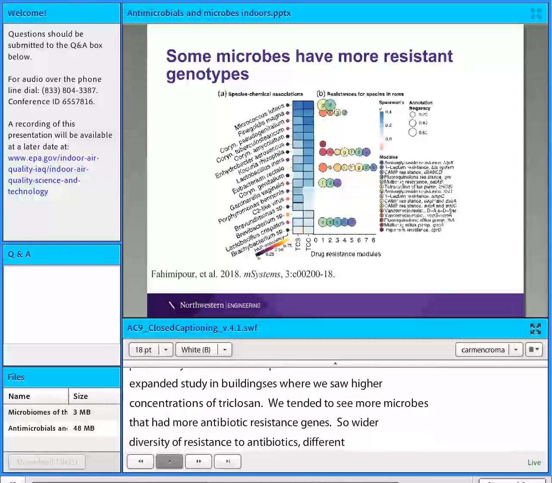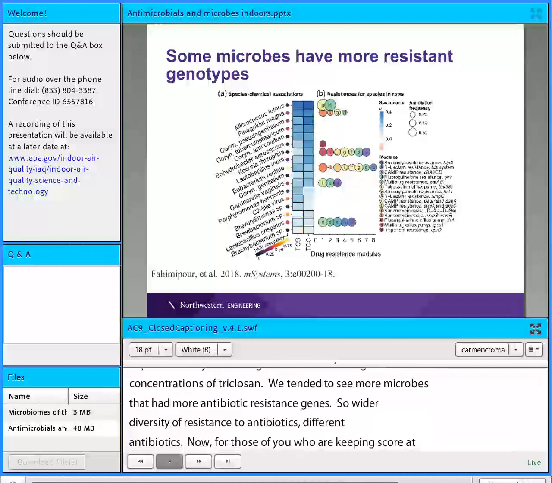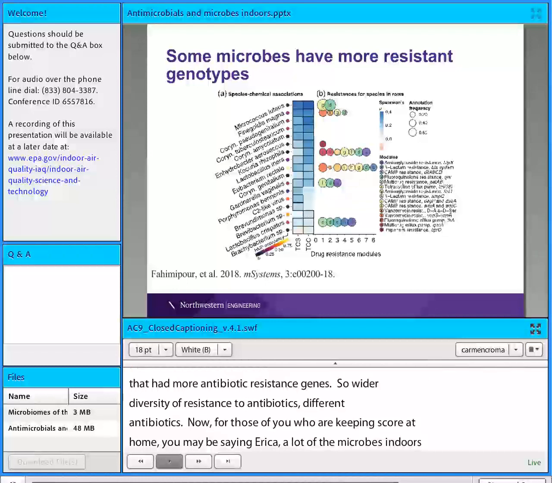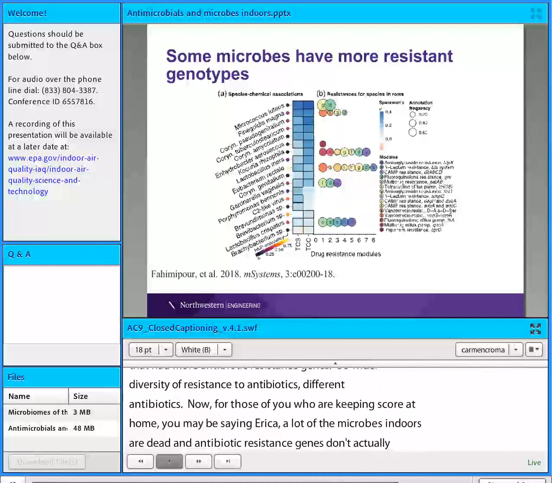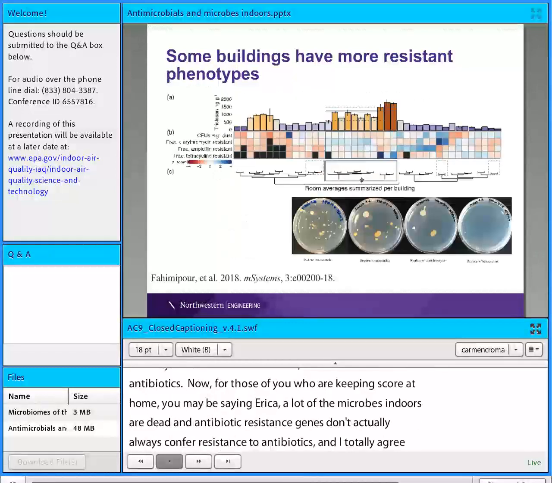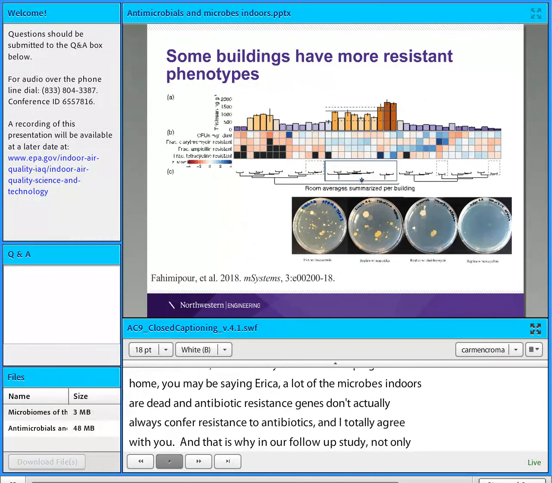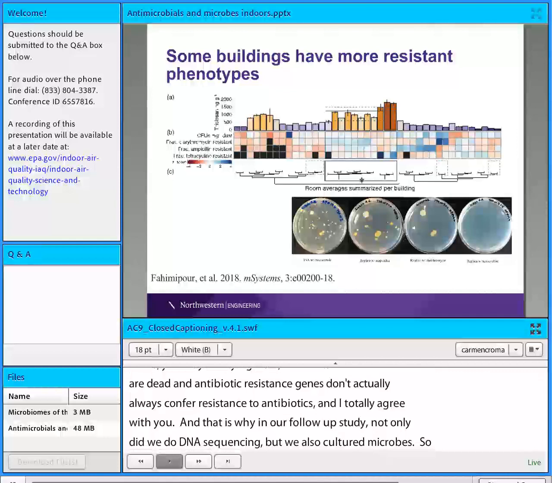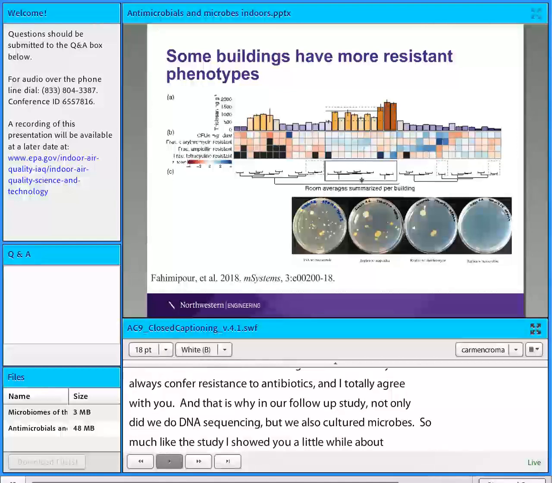Now, for those of you who are keeping score at home, you may be saying, but Erica, a lot of the microbes indoors are dead and antibiotic resistance genes don't actually always confer resistance to antibiotics, and I totally agree with you. And that is why in our follow-up study, not only did we do DNA sequencing, but we also cultured microbes. So much like the study I showed you a little while ago looking at MRSA, we actually cultured the microbes that we were able to collect in these dust samples.